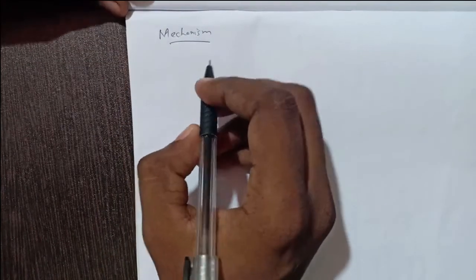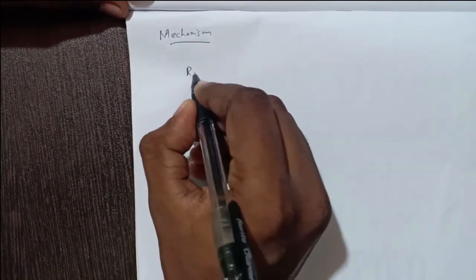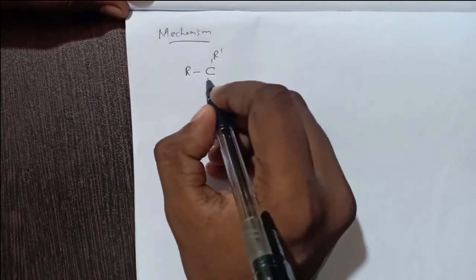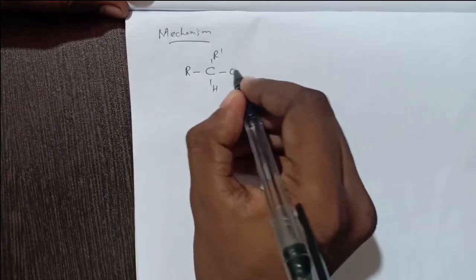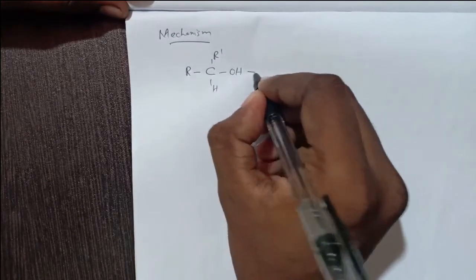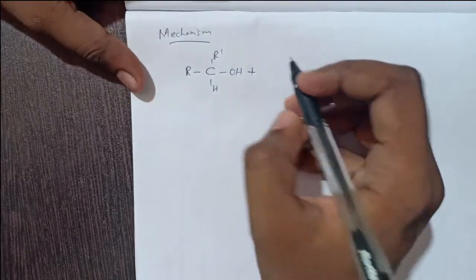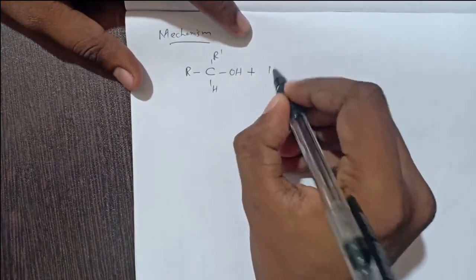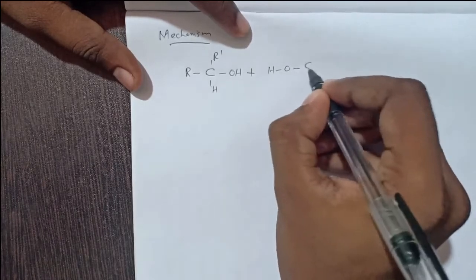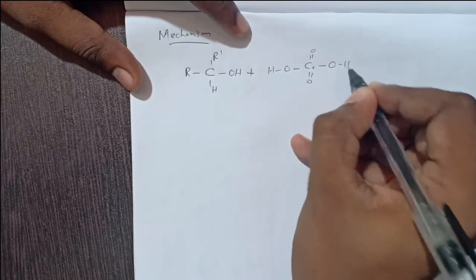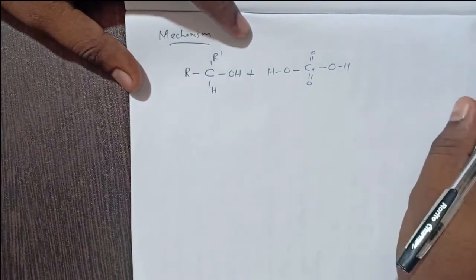We are going to check one example. First we consider an alcohol, a secondary alcohol here, CHOH. This reacts with chromic acid, Cr OH OH, the chromic acid reagent.